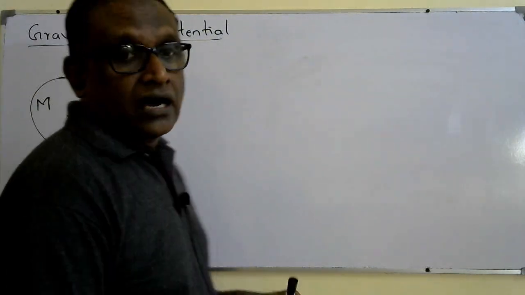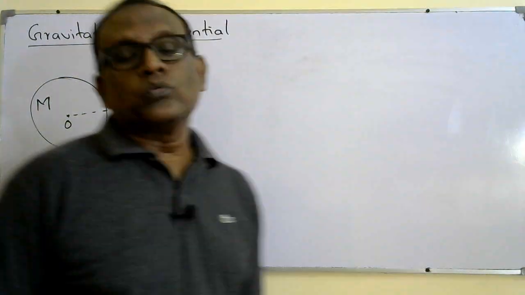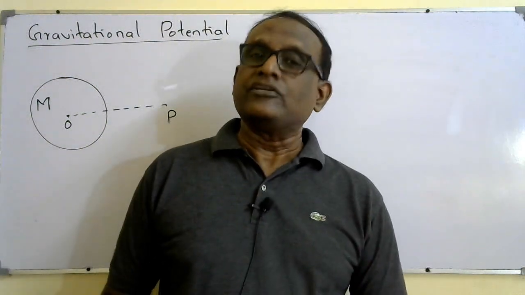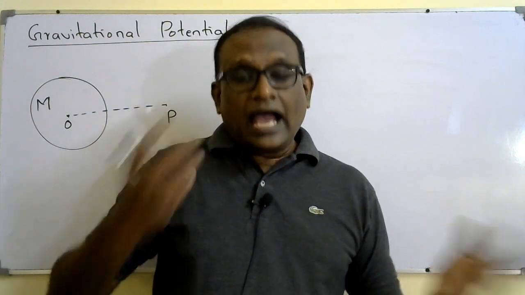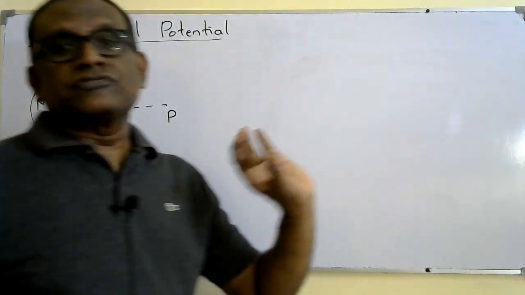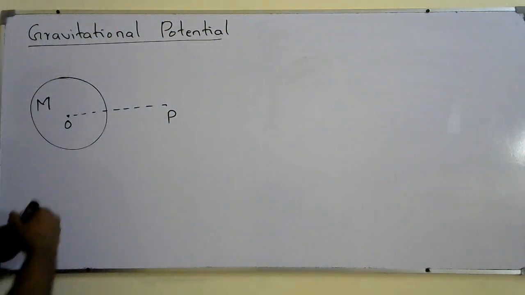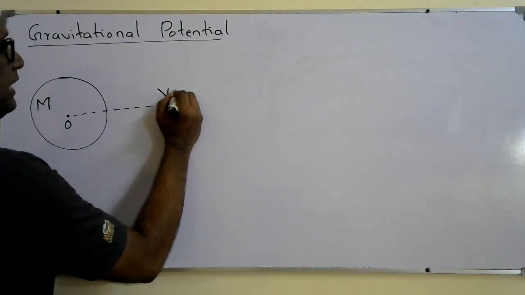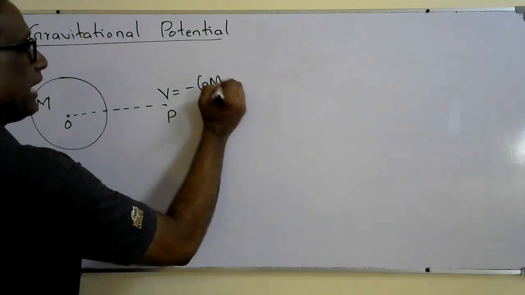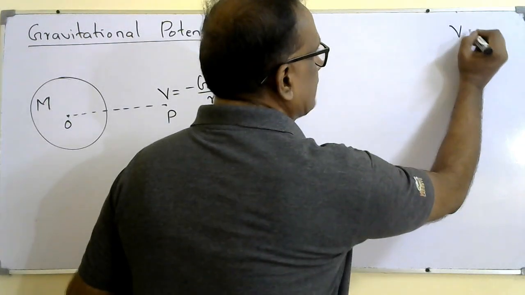So why is the gravitational potential negative? Because of the attractive force, the gravitational potential decreases when the distance from the mass decreases. Okay, so the gravitational potential at point P is given by V equals minus GM over r. You must know that the gravitational potential is given by minus GM over r.